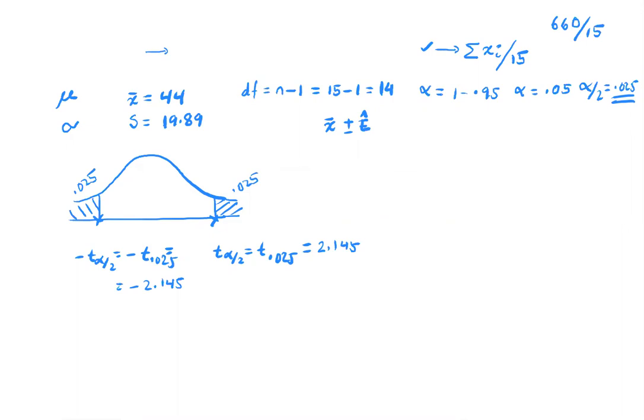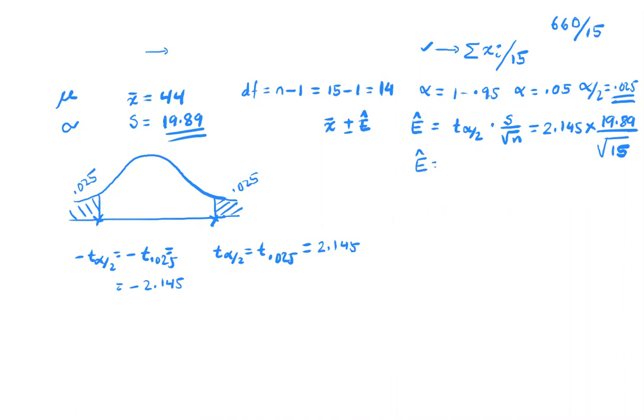Now, E is going to be t sub alpha over 2 times s over square root of n. t sub alpha over 2 is 2.145 times s, the standard deviation which you found, 19.89, divided by square root of the sample size, which is n. n is 15 in our case, okay?